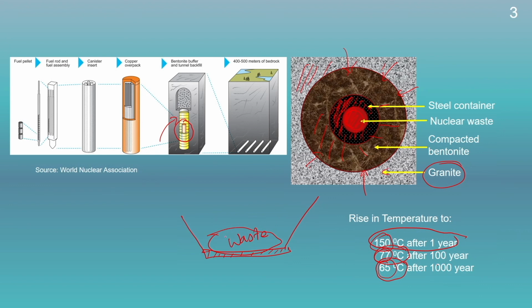As the waste material degrades, its temperature increases, and when the bentonite comes in contact with this waste material or this temperature, the behavior of the bentonite will change. Therefore, in today's class we will learn about the effect of temperature on the behavior of expansive soils such as bentonite, which is mostly comprised of the mineral montmorillonite. Similarly, we will learn about the impact of temperature on kaolinite.